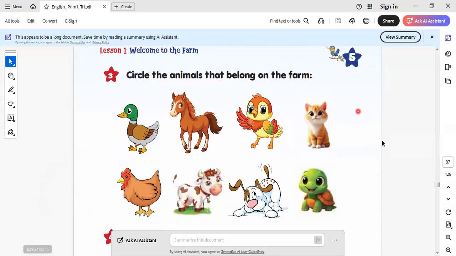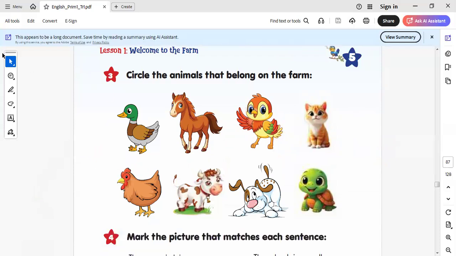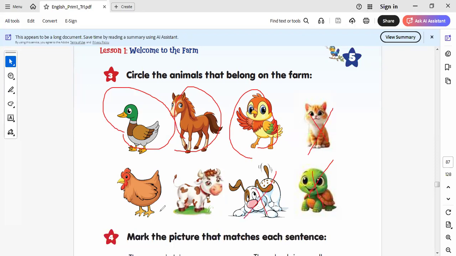Here we have an activity about animals, and we circle the animals that belong to the farm. In the farm, we can see a dog, yes. We can see a horse, yes. We can see a bird, yes. Can we see a cat, or can't we see a cat? We can see a turtle? No, it's not. We have cow and we have chicken.